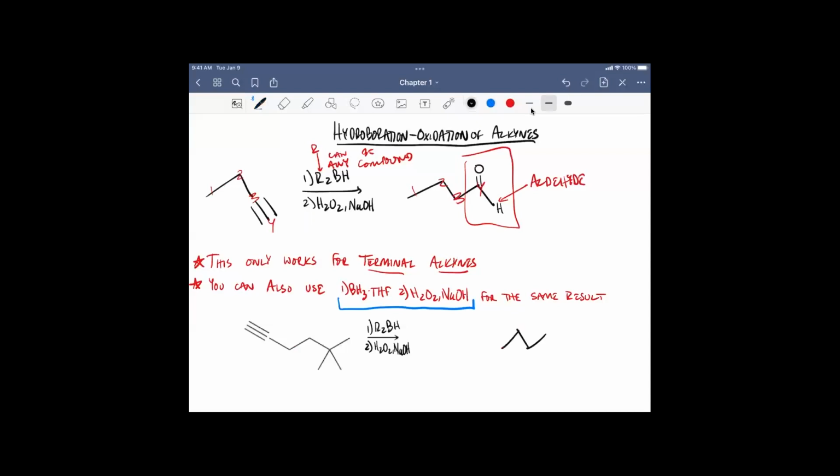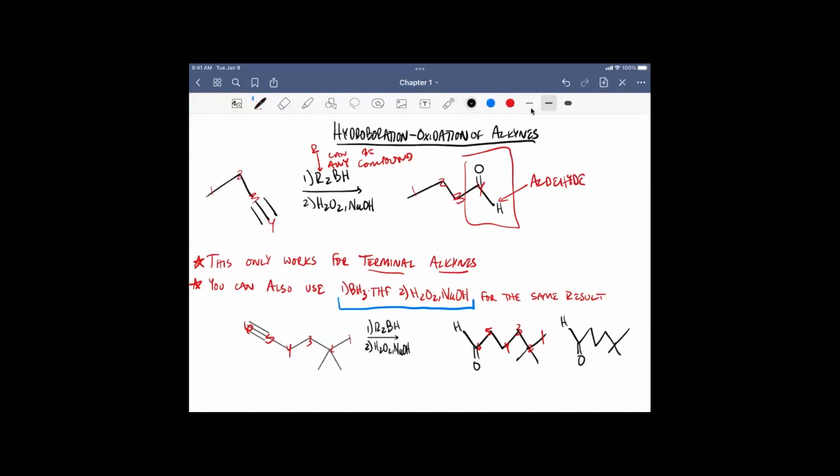I'll write out all these carbons, and I'll start numbering 1, 2, 3, 4, 5, 6. And this should be our hydrogen, so 5, 6. And we get our double bonded oxygen up here, or down there, I guess I should say. And that is our product. Let me show it without those numbers, so it's easier to see. Everything else stays the same.